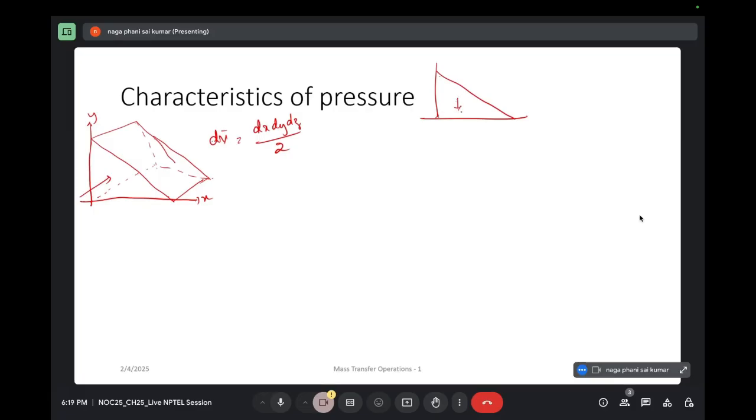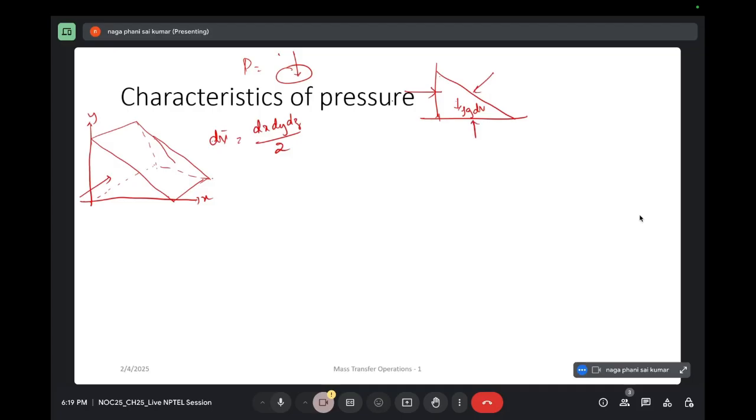It will be rho g into dV, where dV is the volume of the sample, or the volume of the drop under consideration. There will be different forces acting along each direction, right? As I've told you, pressure is considered as the perpendicular force acting on the surface, so we will have pressure in this direction, and in this direction as well.